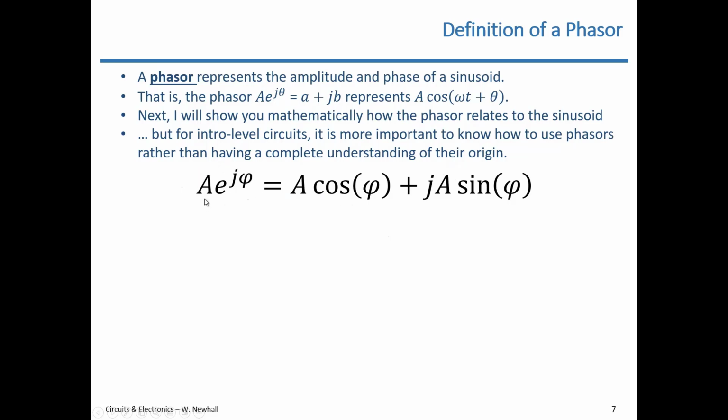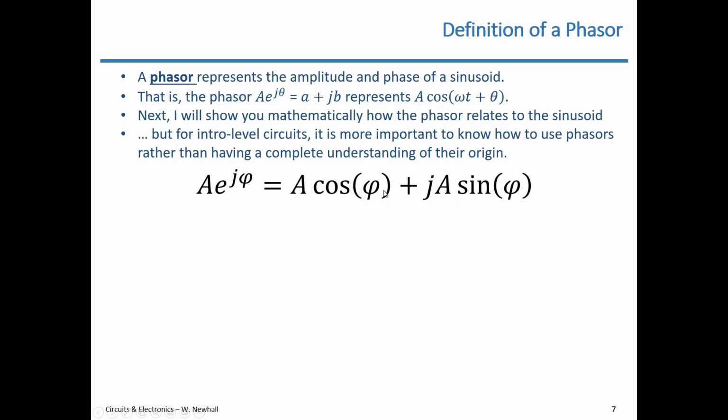This is where we started. We said, okay, this value, A e to the j phi, that's the angle up from the real axis, by Euler's formula is this. Here's the real part, here's the imaginary part. Whatever I do to one side of this equation, I can do to the other. And so here's where I'm trying to end up.